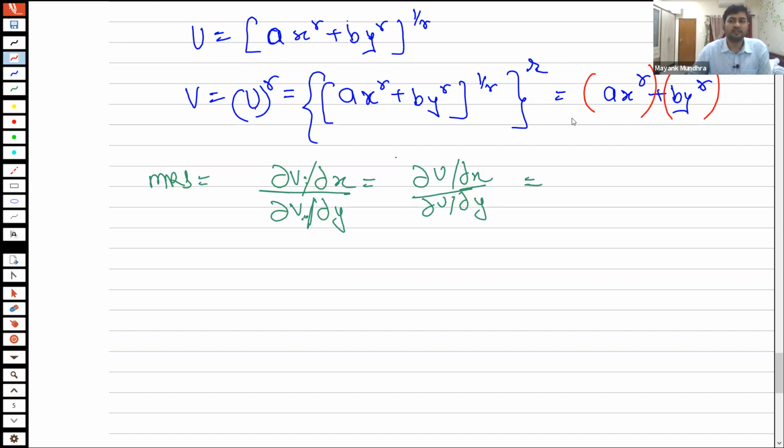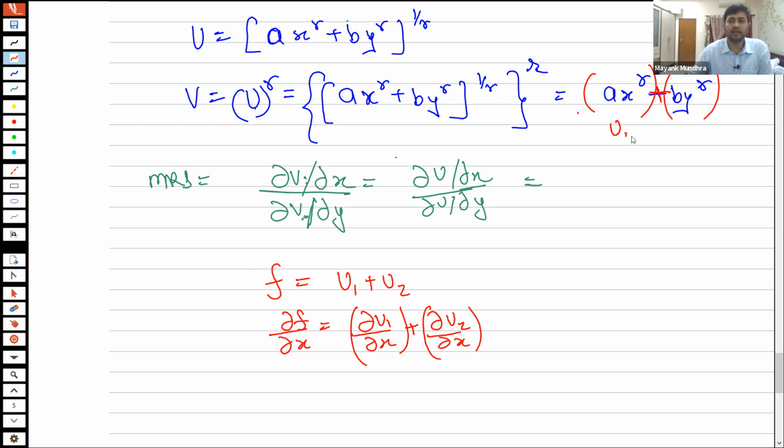Now first thing is I differentiate this entire thing with respect to x. The right part of this function, which comes after the positive sign, does not have any presence of x. So when I differentiate it with respect to x, this thing becomes 0. The property is, if you have a function f which is, let's say, u1 plus u2, then del f by del x is basically del u1 by del x plus del u2 by del x.